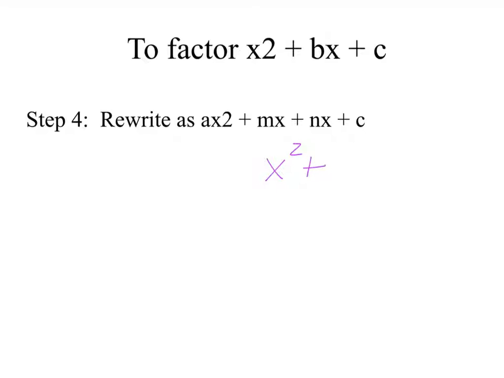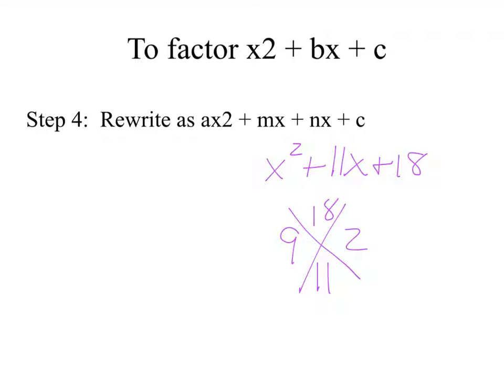So my original problem was x squared plus 11x plus 18. I had my diamond, which was 18, 11, 9, and 2. There's a very specific way you pull the pieces out of the diamond.